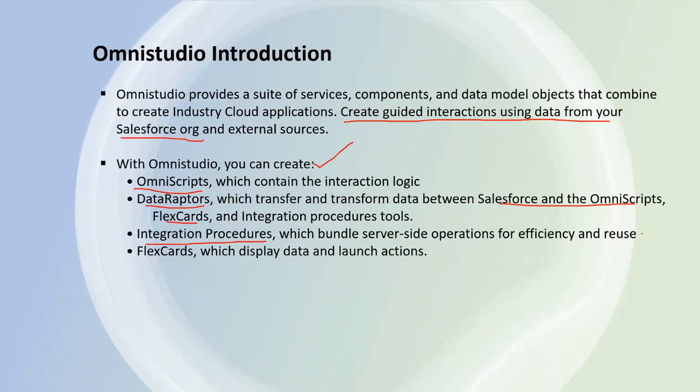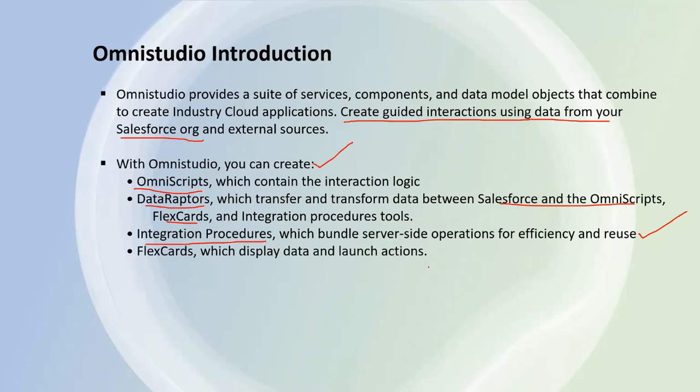One of the main advantages of an integration procedure is this: let's say I want to fetch data from multiple objects, such as contacts, accounts, cases, and leads. At that time I need to use different data raptors, so I am hitting the server each time. If I use three data raptors, I'm hitting the server three times, which wastes resources.